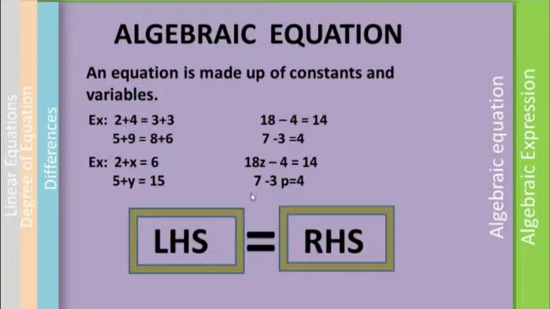Right? Now all of the equations we just looked at have only numbers in them, but most equations include a variable too. For example, the equation 2 plus x equals 6 has a variable in it. So whenever we have an equation like this with a variable, we call it an algebraic equation. For an algebraic equation, our goal is usually to figure out what value of the variable will make it a true equation.